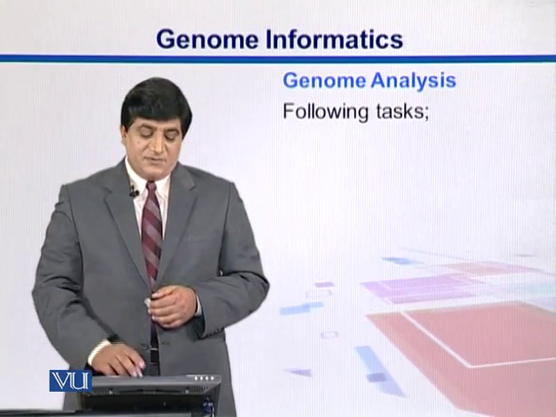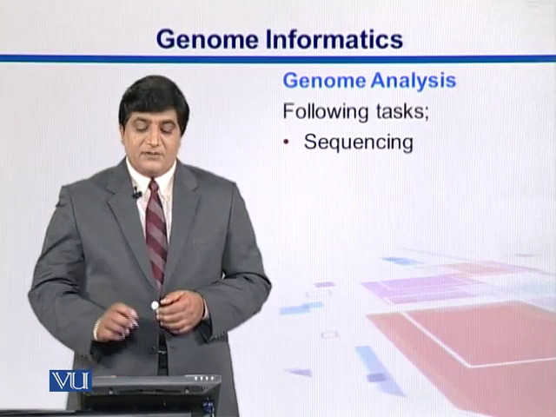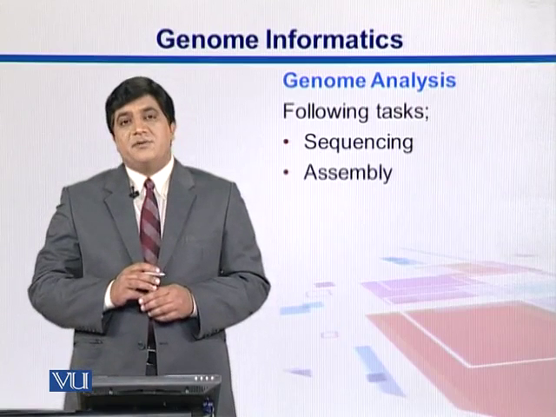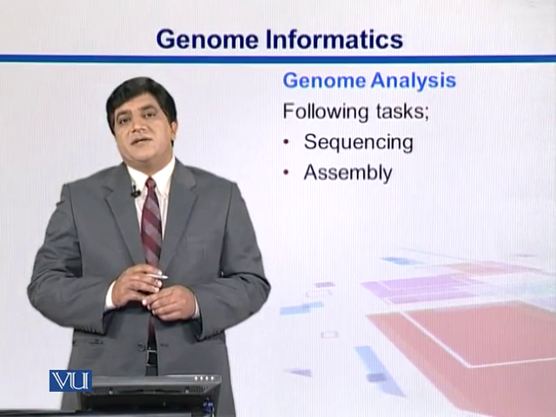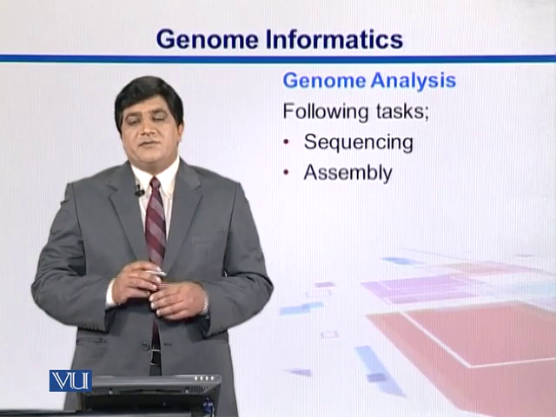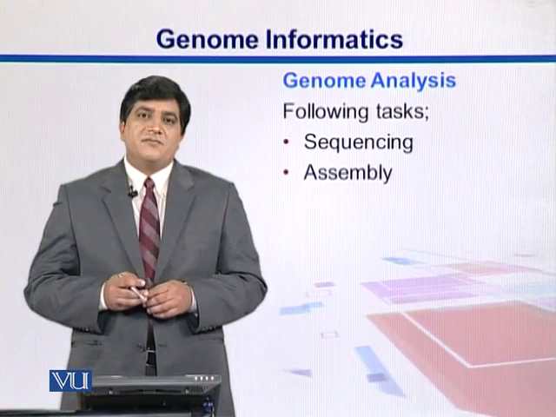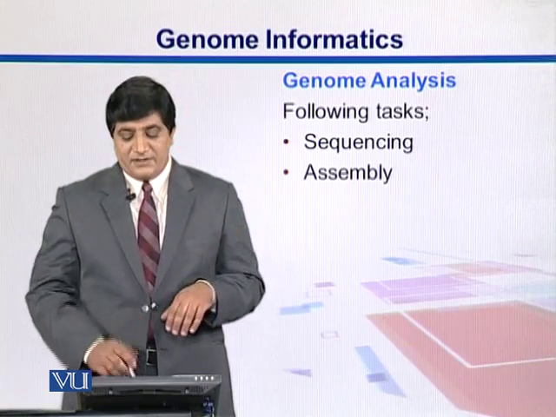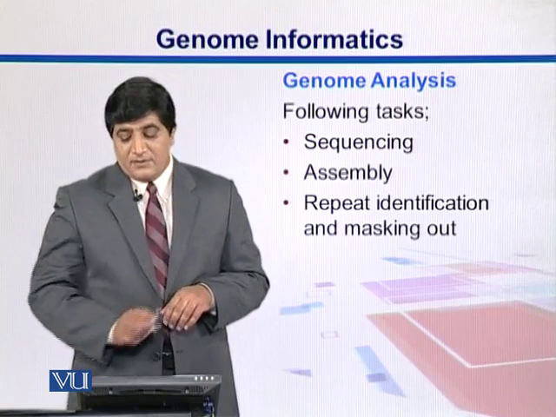In genome analysis, we perform these tasks mainly. We do sequencing at first, then we do assembly. Since the sequencing is done in a way in which the whole genome is broken down into short fragments, and once those fragments are sequenced, we need to put them together. That step is called assembly.